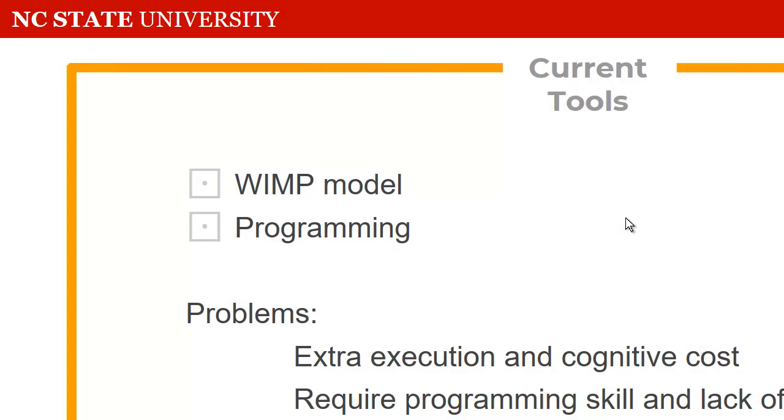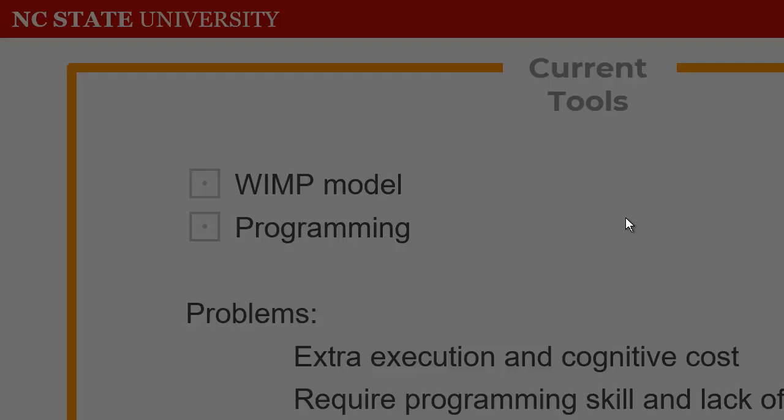So the current tools that these users are using are widget-based models like Tableau or ArcGIS, and programming like SAS or R. The problems that they face are that it takes a lot of time, requires programming skills, and it also lacks fast interaction.